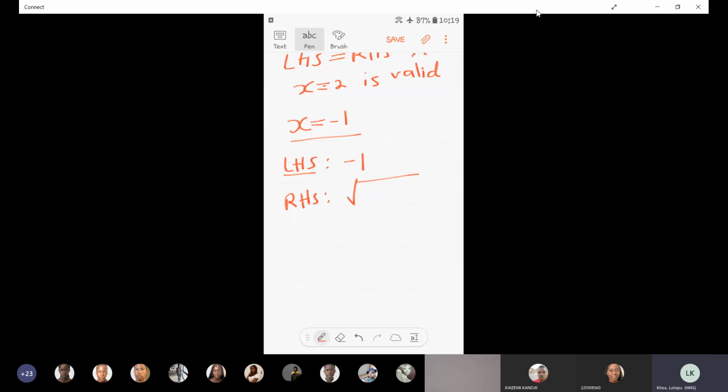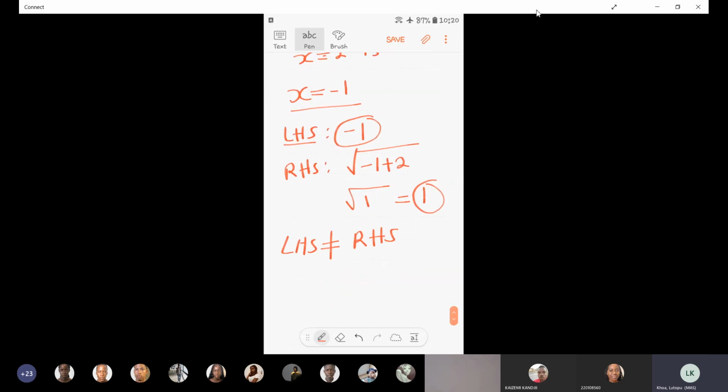So that's negative 1 plus 2. This is the square root of 1, which is equal to 1. Now these two are not equal. Then I can say my left hand side is not equal to my right hand side. Therefore, x equal to minus 1 is not a solution.